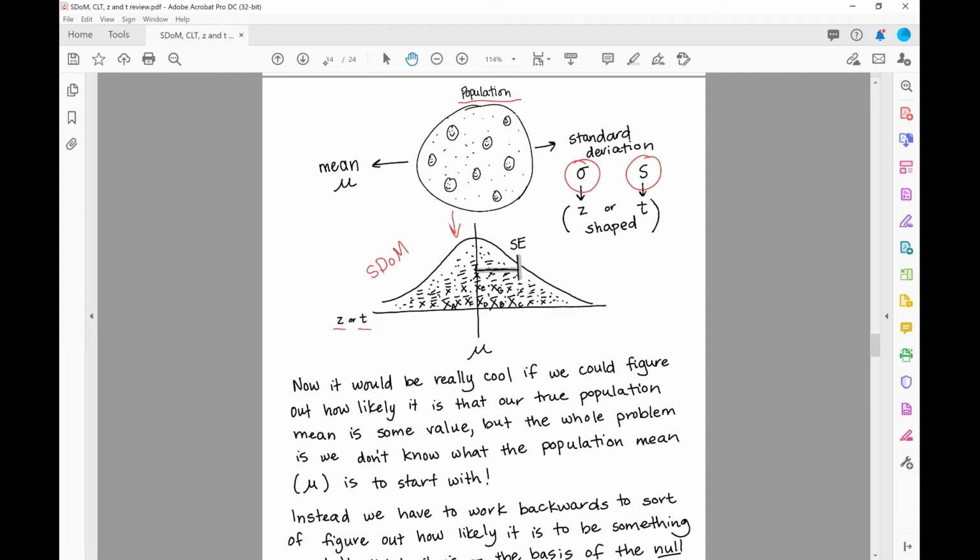If it's a T, the exact shape depends on how big our sample size is. If it's low, it'll be shorter and fatter. If it's high, it'll look more like Z. We know that the mean of our SDoM is going to be the same as the mean of our population, so we can just put that into our model.